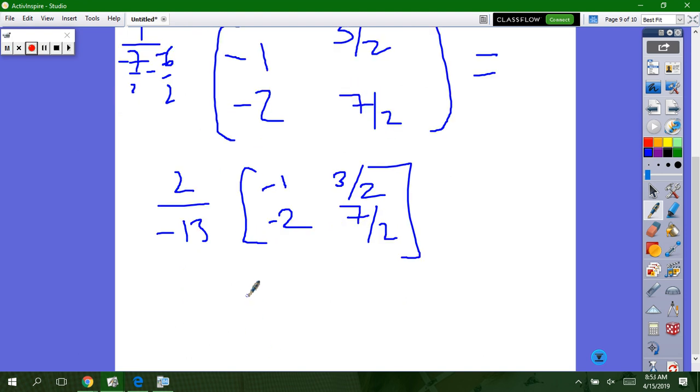So I would get 2/13, -3/13, 4/13, -14/26. That would be its inverse.